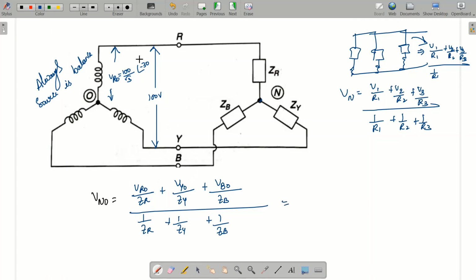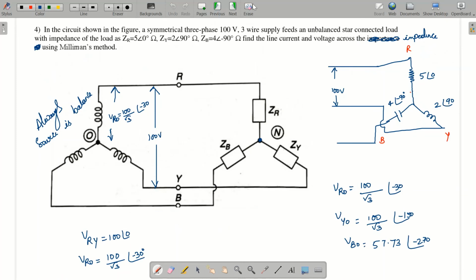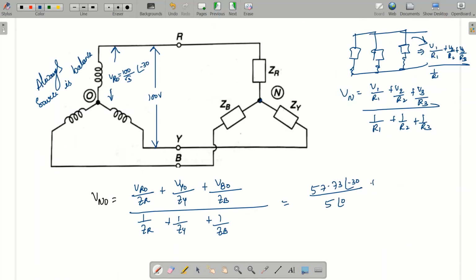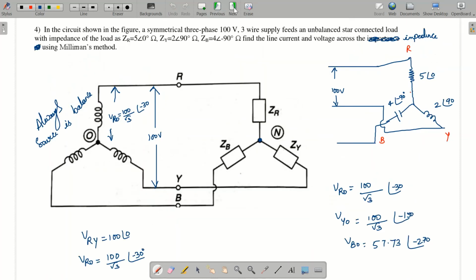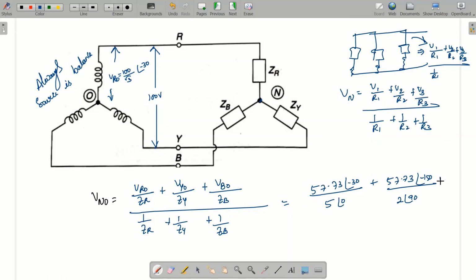So, what will we get? VRO we have already derived: 57.73 at an angle of minus 30, divided by ZR, which is 5 at an angle of 0, plus 57.73 at an angle of minus 150 divided by 2 at an angle of 90, plus 57.73 at an angle of minus 90 divided by 4 at an angle of minus 90, divided by 1 by 5 at an angle of 0 plus 1 by 2 at an angle of 90 plus 1 by 4 at an angle of minus 90.